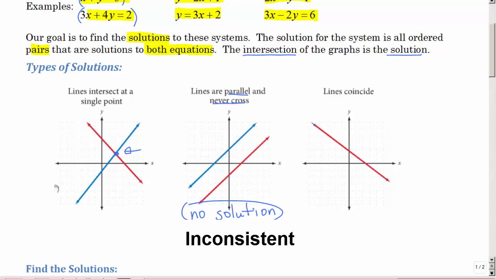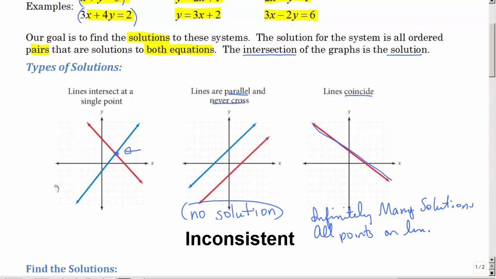Also, you could have one line on top of the other, and so they would coincide. So what would be the answer? Well, you would have infinitely many solutions. That's one way of writing the answer. Or another way would be all the points on the line.